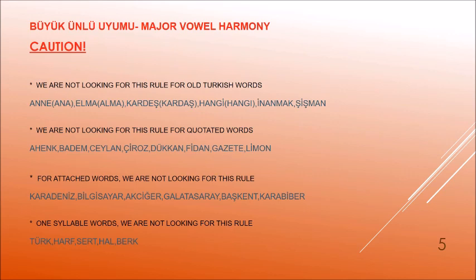Bilgisayar, bilgi sayar. Akciğer, ak ciğer. So you can see the other examples there too. And the fourth rule says one syllable words. We are not looking for this rule, such as Türk, harf, sert, hal, berk. These have only one syllable.